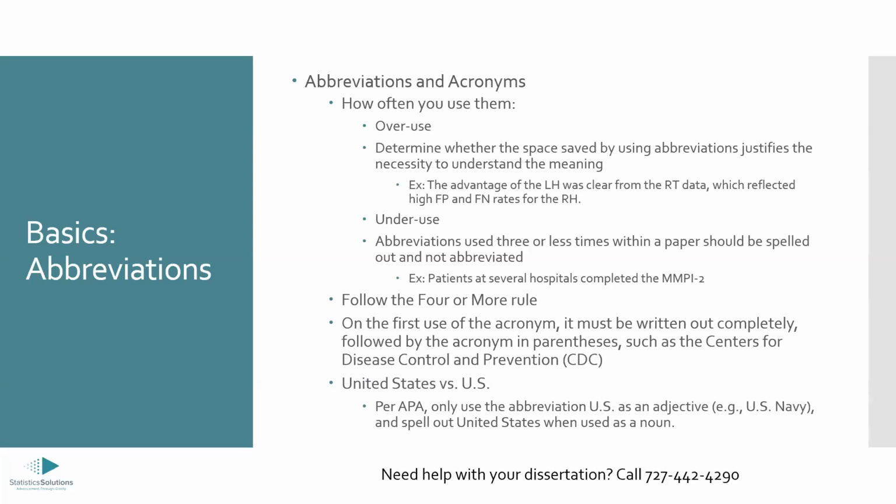And then afterwards, you can use the acronym. So, something along the lines of, the Center for Disease Control and Prevention, blah, blah, blah. The CDC says this, and so on and so forth.